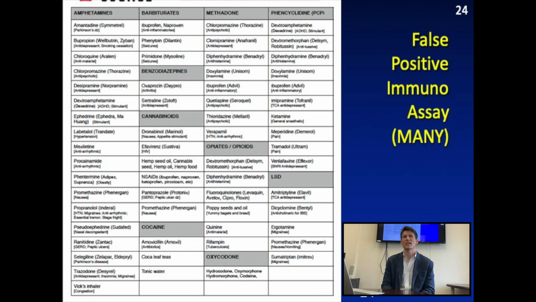What's interesting, and I've talked to head MROs and toxicologists and never gotten a straight answer, is that sometimes you get these false positives, you send the confirmation, and there's no benzodiazepine, no amphetamines, we really think it's the medication. But it doesn't do it every time. Sometimes it's positive, sometimes it's negative, and I've never gotten a great answer why, except variable metabolism or maybe not perfect adherence to your meds.